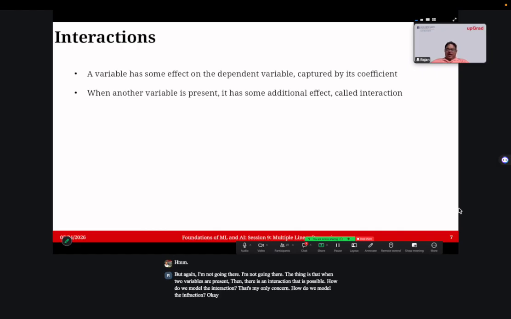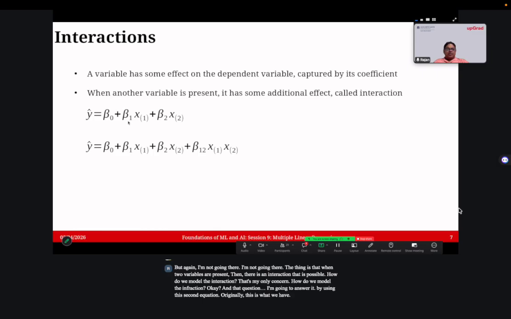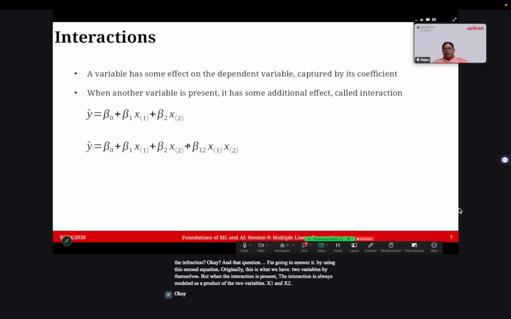And that question I'm going to answer by using this second equation. Originally, this is what we have, two variables by themselves. But when the interaction is present, the interaction is always modeled as a product of the two variables, x1 and x2. When beta 1,2 is 0, when this coefficient is 0, then there is no interaction.